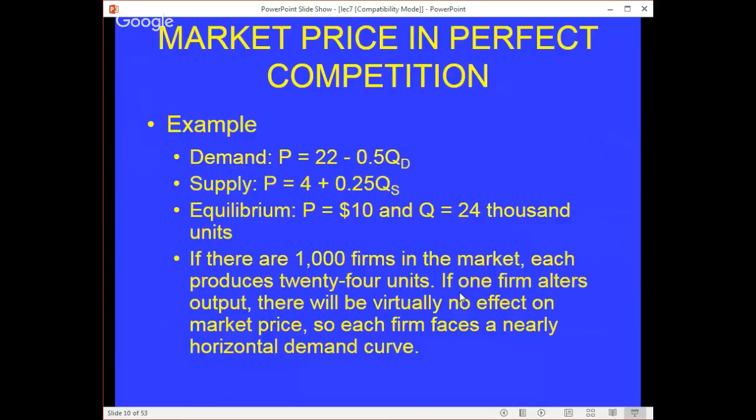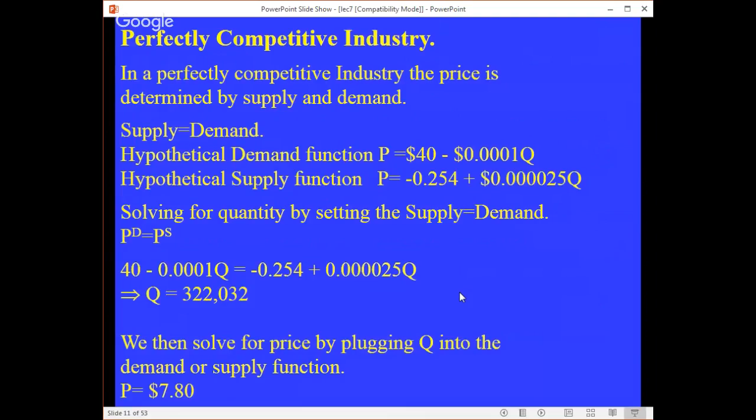Okay. And in the next few weeks, we're going to be doing stuff like this a lot. We're going to be setting supply equal to demand. Okay. Here's another example. I have a hypothetical inverse demand curve, P equals 40 minus 0.0001 Q. This time, I'm not making Q in thousands, it's just whatever it is.